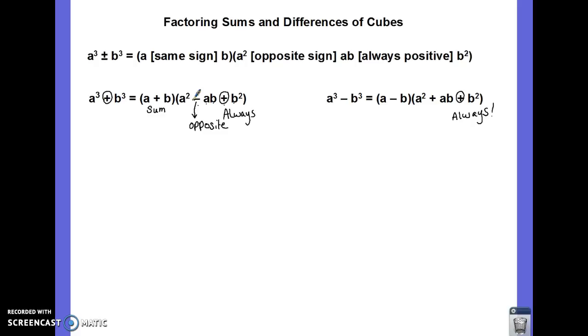x cubed plus 64. We need to look for perfect cubes.